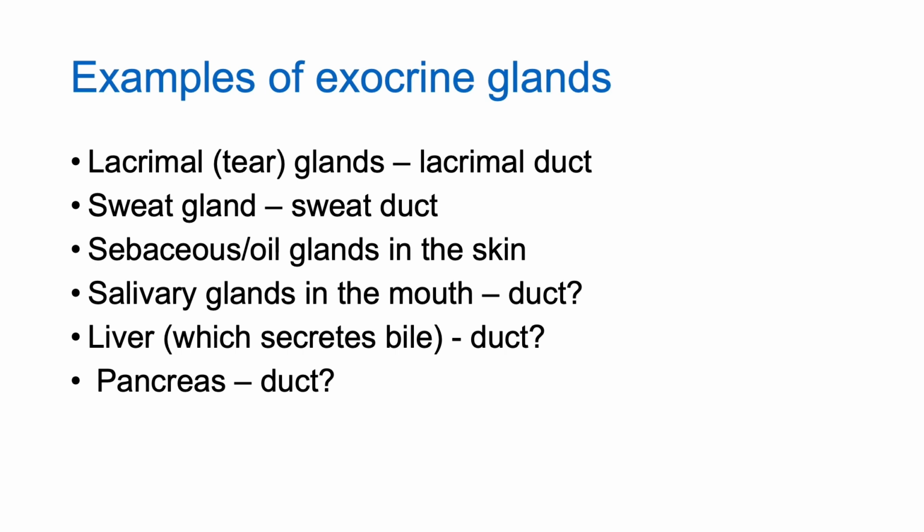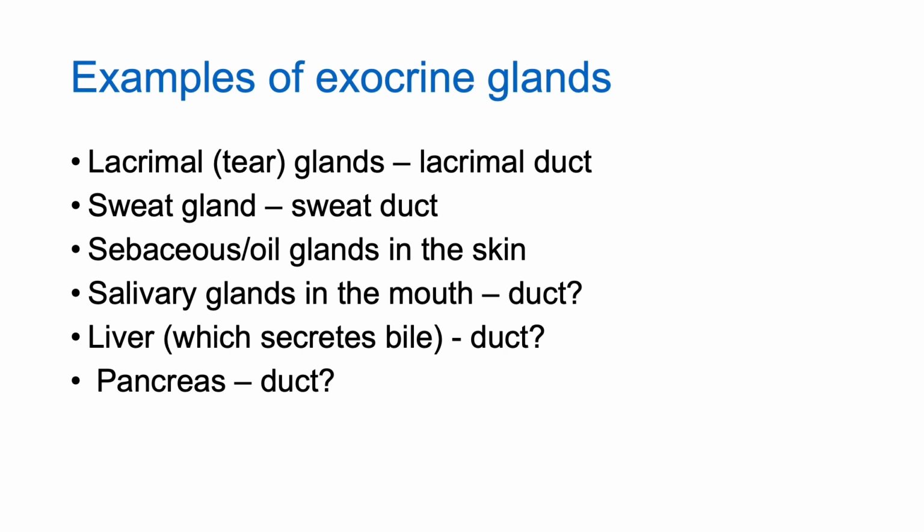Then the liver also secretes bile, and it is stored. And then you also have the pancreas, okay, which also secretes its exocrine type of product. All right, so these are basic examples of exocrine glands.